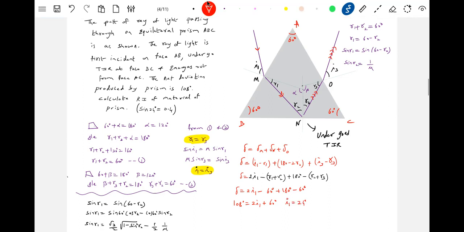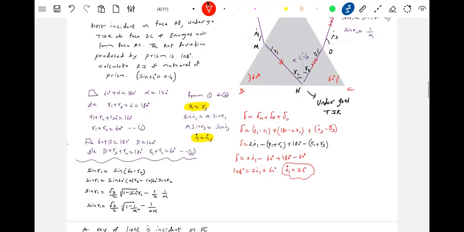After getting I1, now R1 is needed. Okay, fine. So much calculation, I don't have place here.